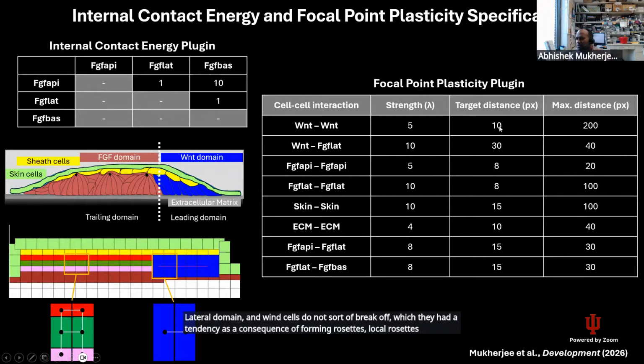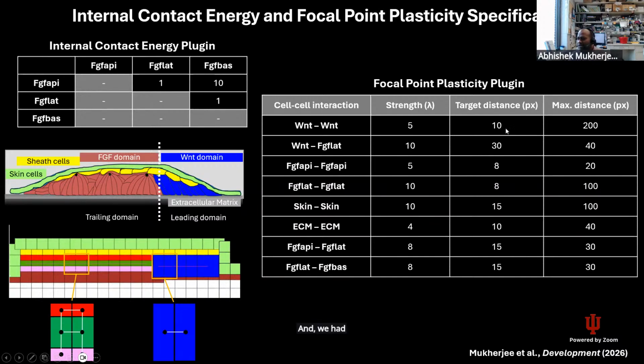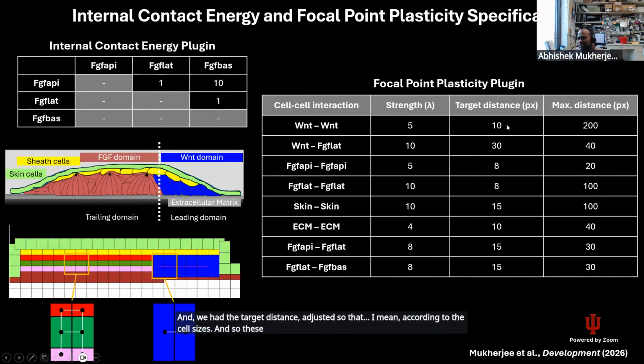And we had the target distance adjusted according to the cell sizes. And so these were the target distances, and we had a much lower target distance of the apical domain, so that they wanted to form rosettes.